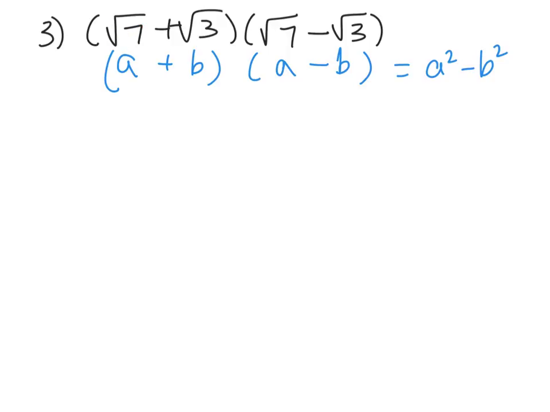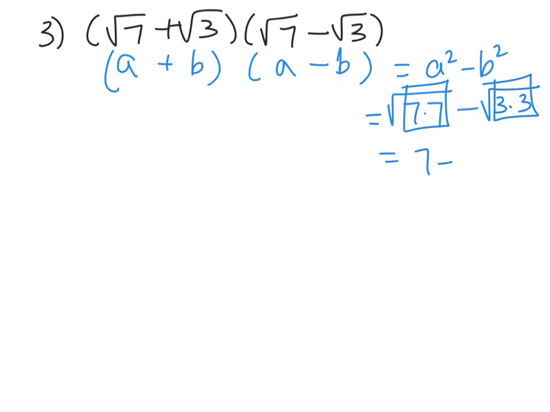So A squared means square root of 7 times square root of 7 minus B squared. What was B anyway? B was square root of 3, right? Okay? So that would be square root of 3 times 3. Ooh, obviously they're the same. We boxed them. So you're going to get 7 minus 3, which is 4, right? So our answer is supposed to be 4.